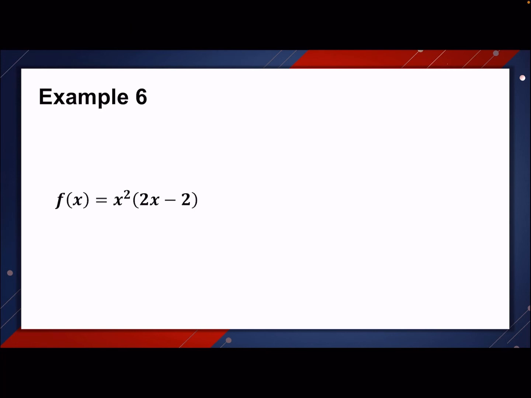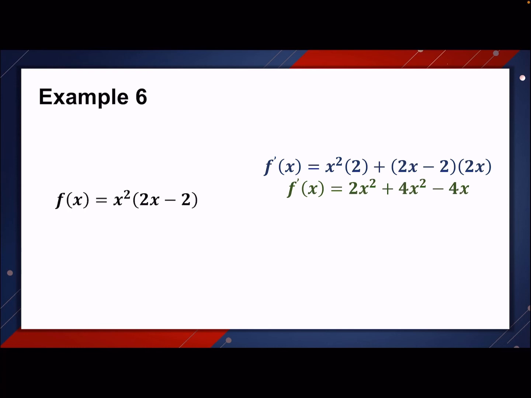Example 6. f(x) is equal to x squared times 2x minus 2. So the first derivative is x squared times 2 plus 2x minus 2 times 2x.